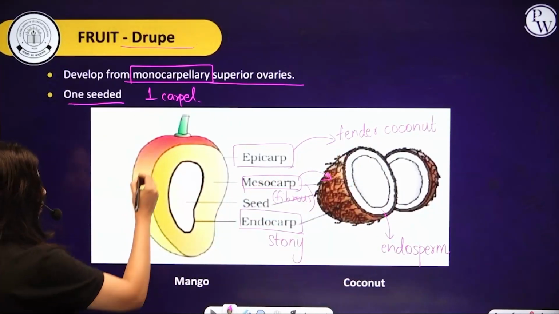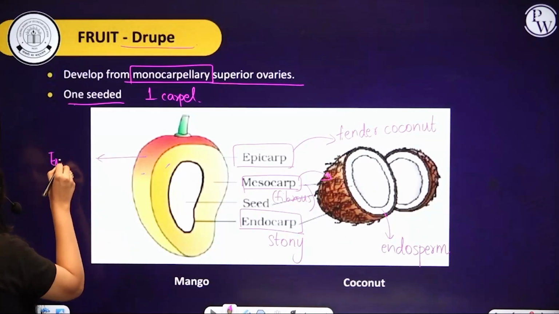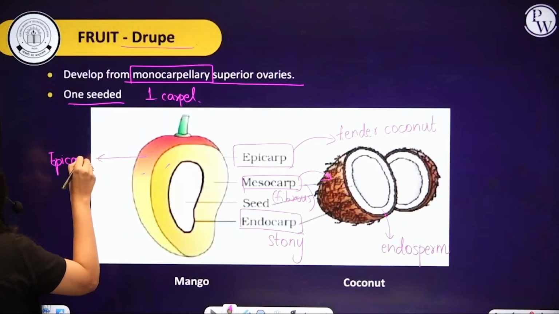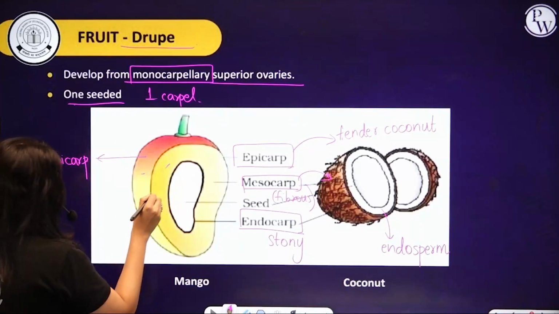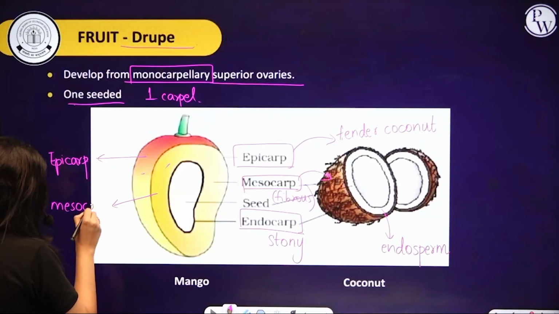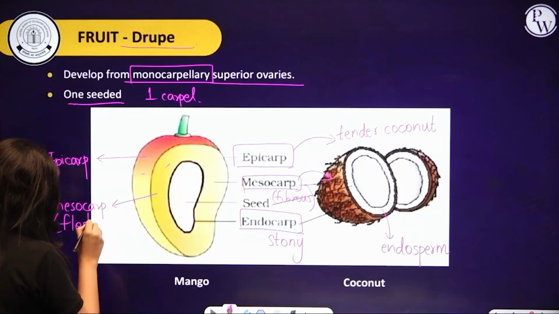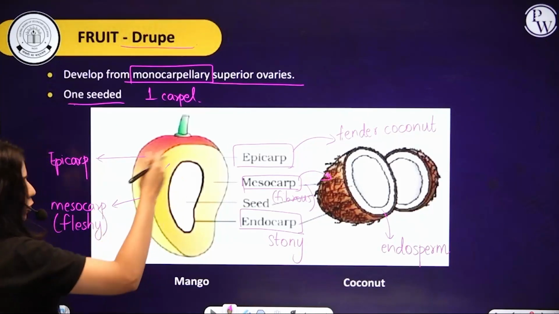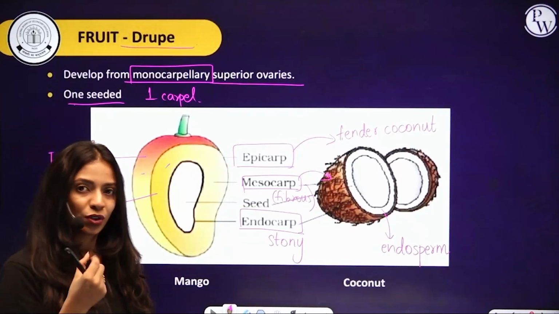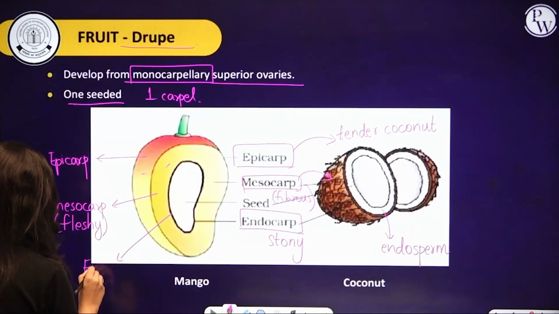Coming to mango, the outer layer is the epicarp. Some people eat it, some people throw it away. Inside that, you have the mesocarp. This mesocarp is fleshy in nature. If you finish eating the mesocarp, you know there is a hard layer. That is the endocarp.